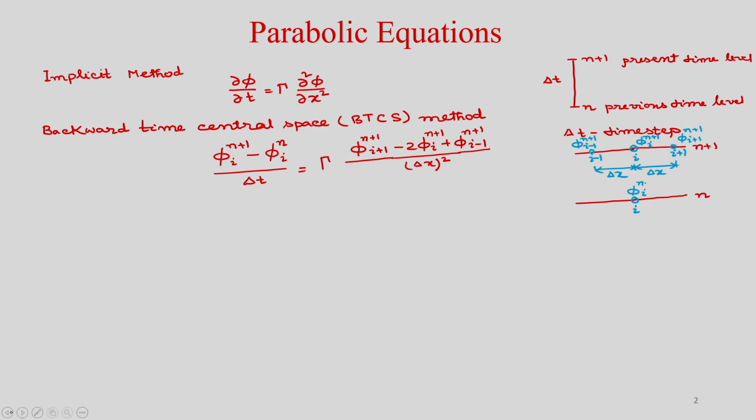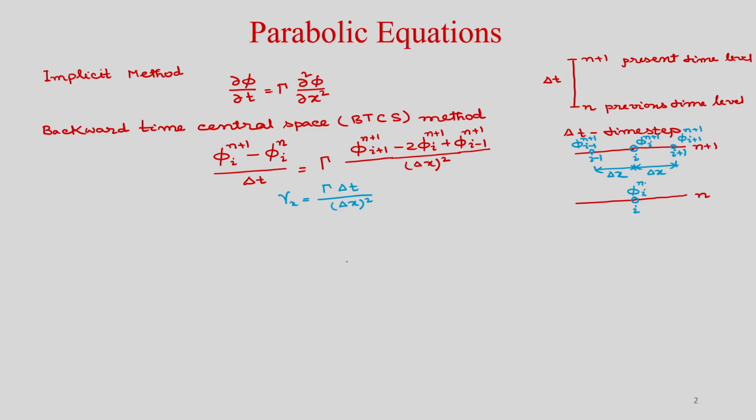Now all the unknowns you take on the left hand side, and obviously there are 3 unknowns. So, you will get the algebraic equation. If you define the diffusion factor, which is known as gamma x, as gamma delta t by delta x square, this is known as the diffusion factor or coefficient.